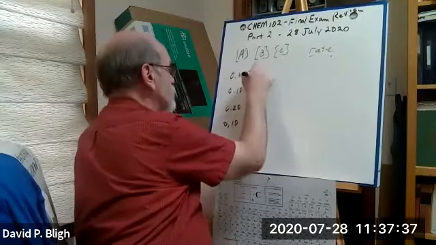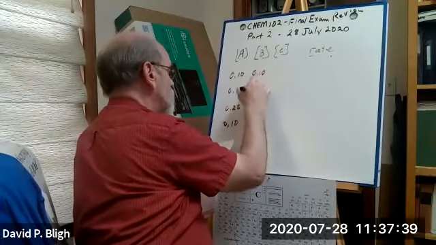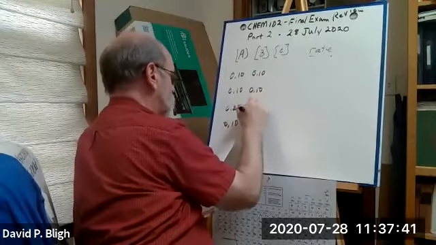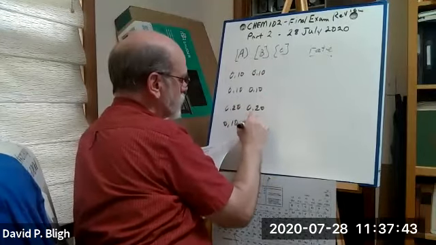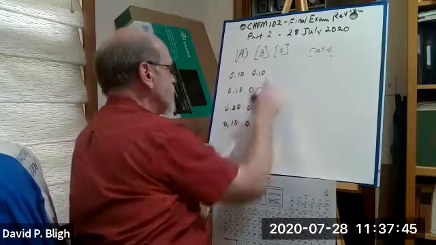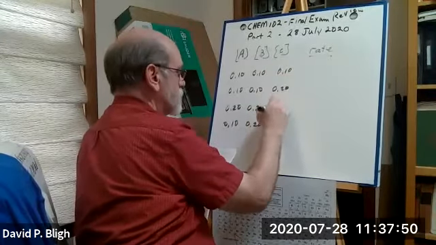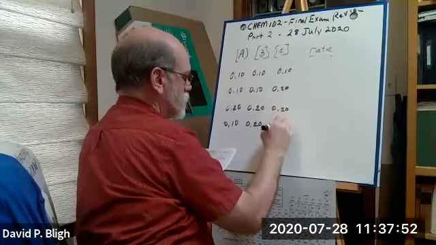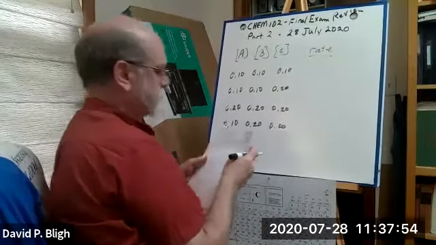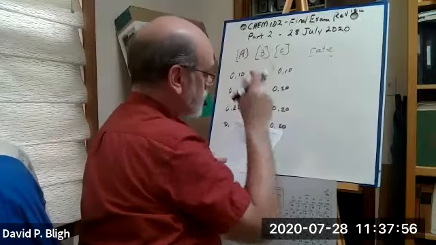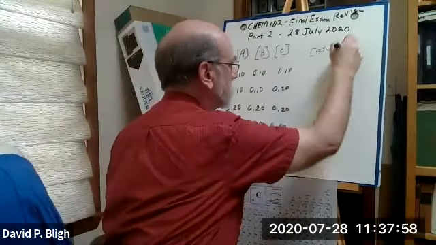And this one is 0.10. And then C is 0.10, 0.2, 0.2. There you go. And initial rates here in molarity per minute.